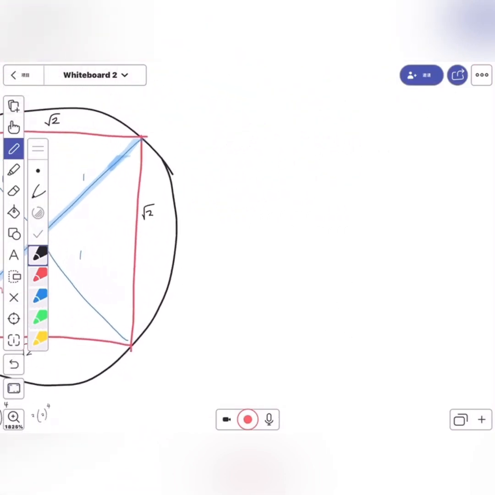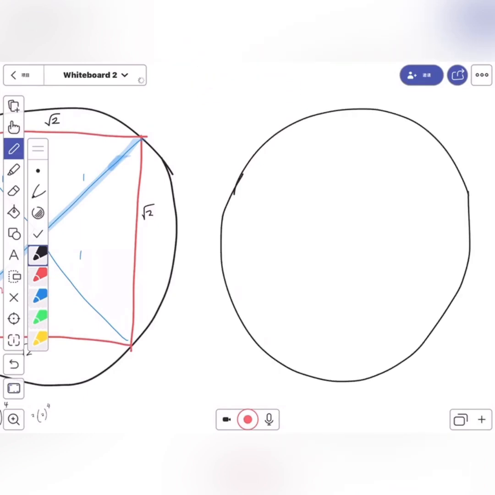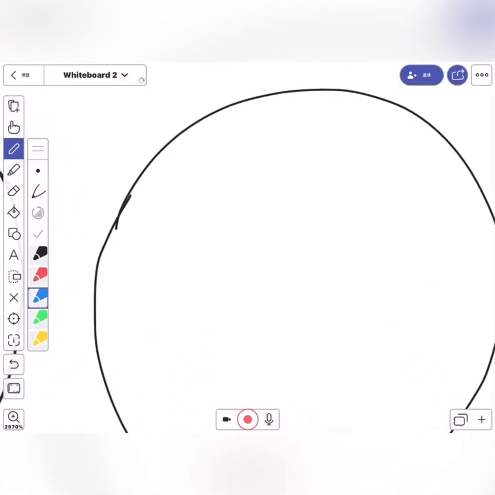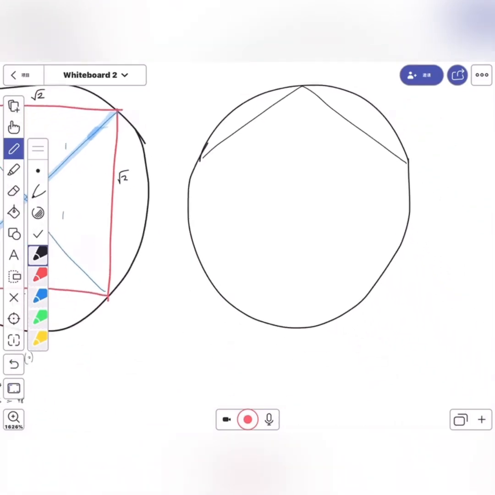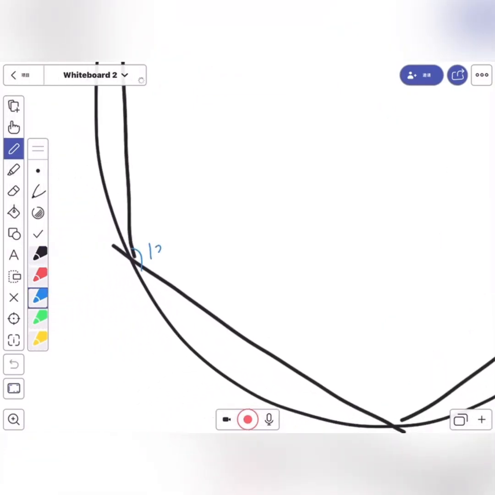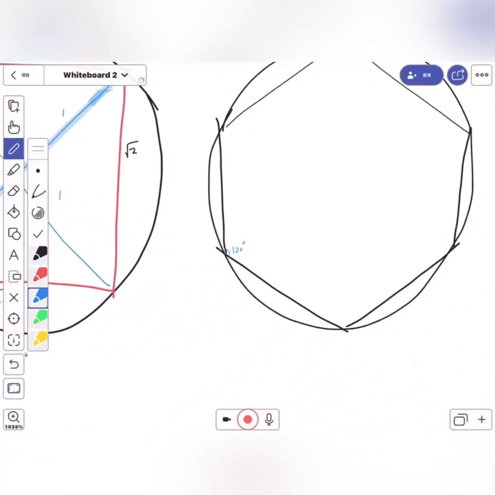Alright, now the 5-gon just does not seem too easy to deal with, so let's actually do one with a hexagon. In a hexagon, we know that all of these angles are 120 degrees.